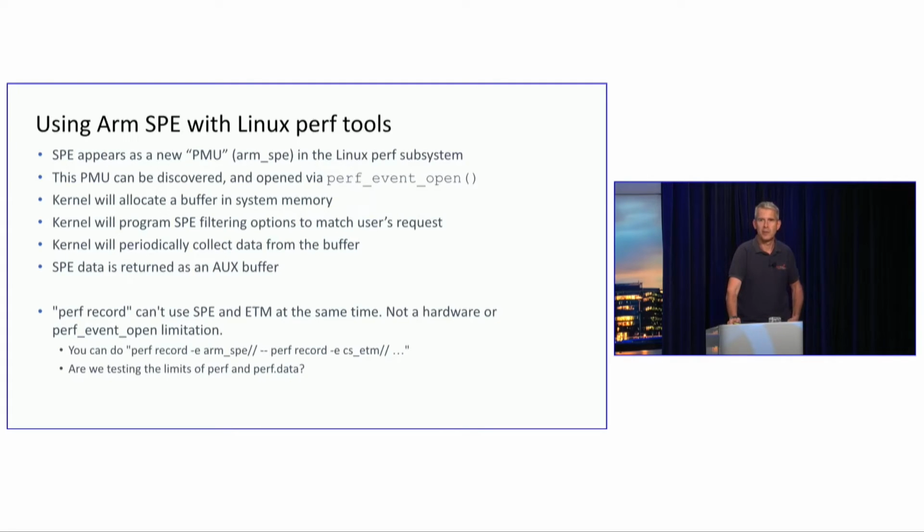So this is an area where I think we're kind of stretching what perf can do. I've tried to work with the perf user space tools, and it's so complex. I think we're running up against the limits of what we can do with the perf data file.